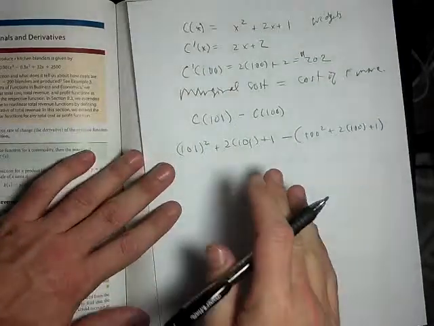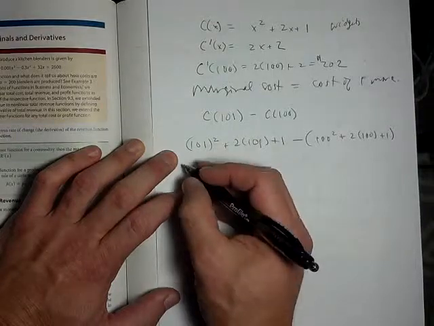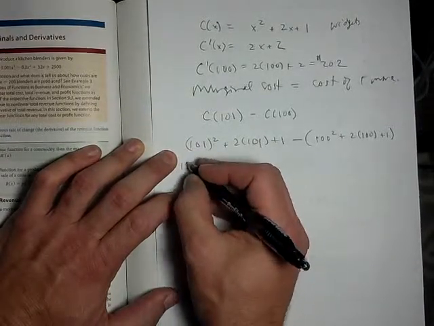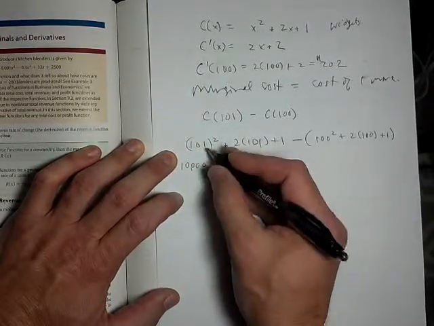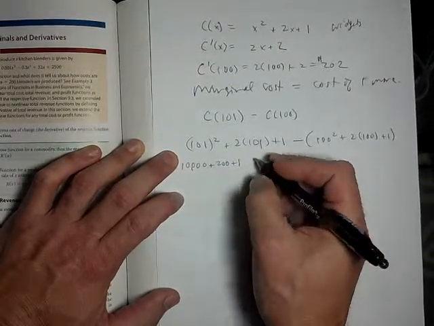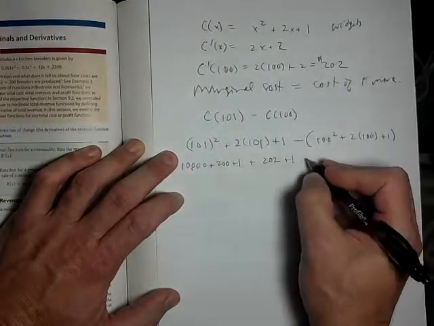All right. 101 squared is going to be 10,000 plus 200 plus 1. Then plus 202, and then plus 1.